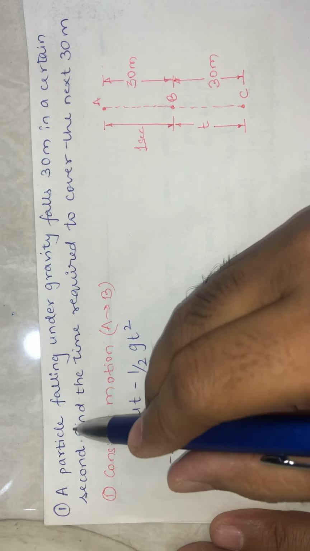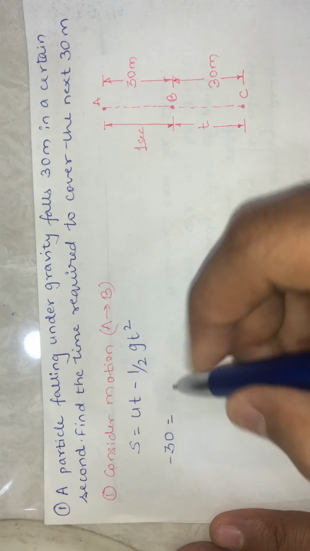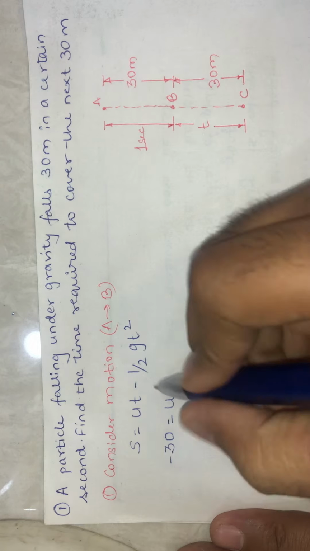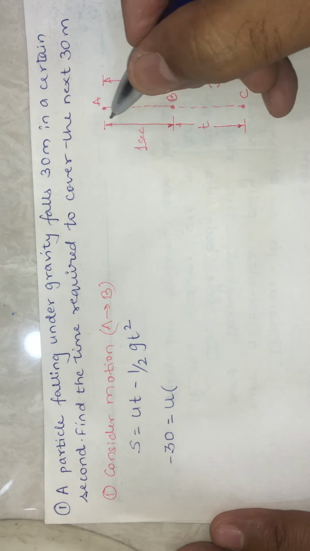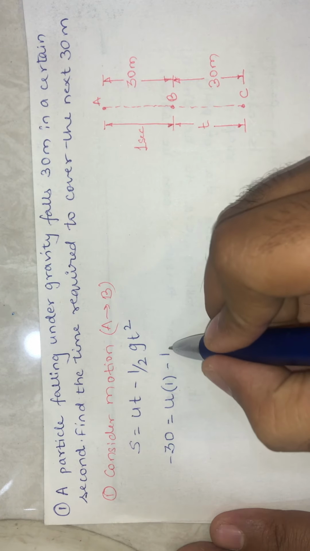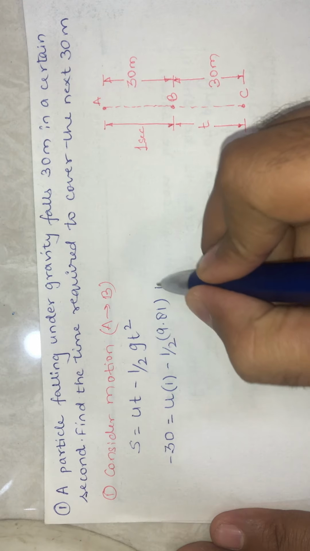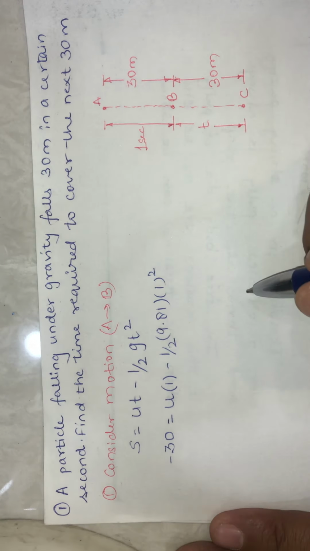As it is falling under gravity, it is not free fall, so u will be something. The time taken to cover this distance is 1 second, half 9.81, and once again 1 second.